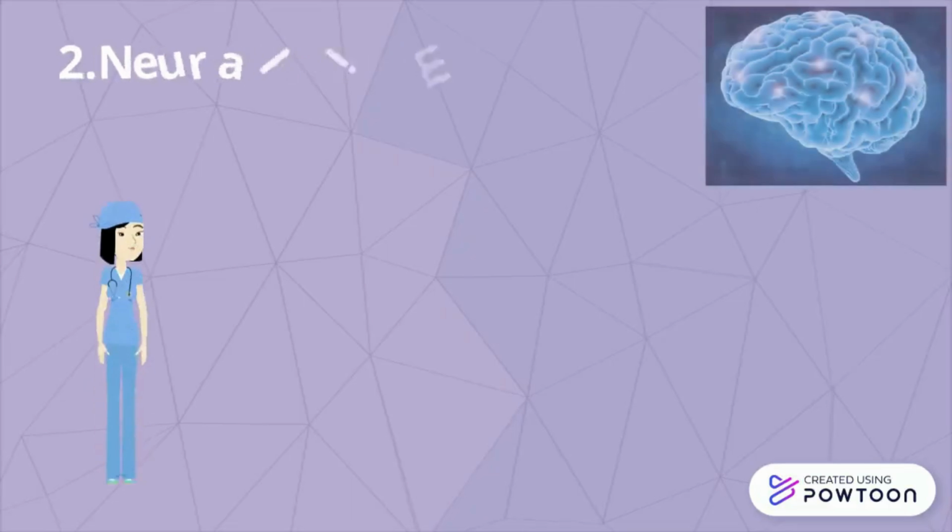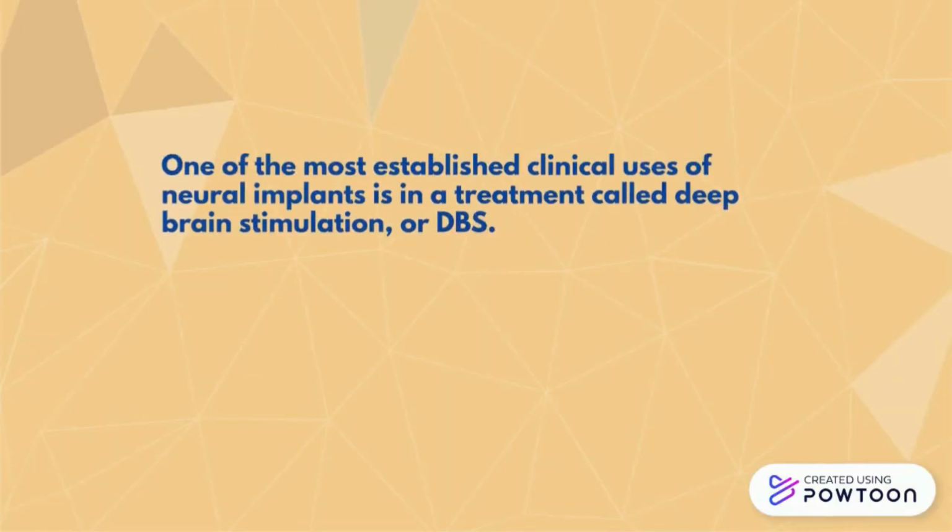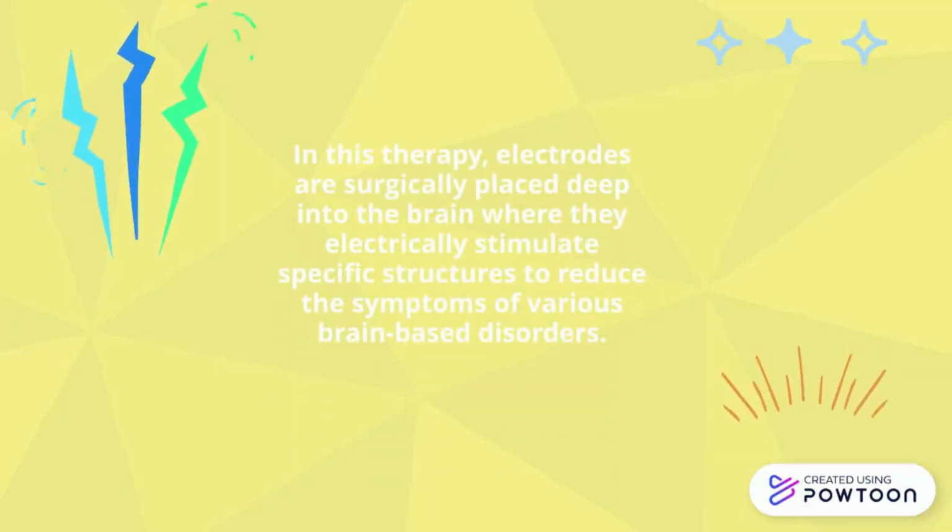The second one is the neural implant. A neural implant is a device placed inside the body that interacts with neurons. One of the most established clinical uses of neural implants is in a treatment called deep brain stimulation, or DBS. In this therapy, electrodes are surgically placed deep into the brain, where they electrically stimulate specific structures to reduce the symptoms of brain-based disorders.